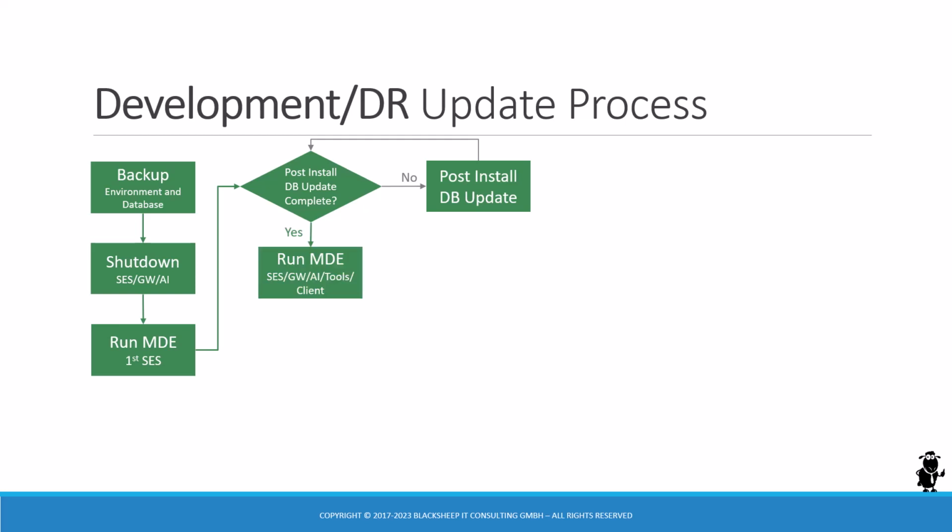Then you run the MDE on any other machine that you have, other Siebel servers, gateways, AIs, tools, developer web client, etc. You can then start up the enterprise if you want to. And now let's talk about the repository upgrade.